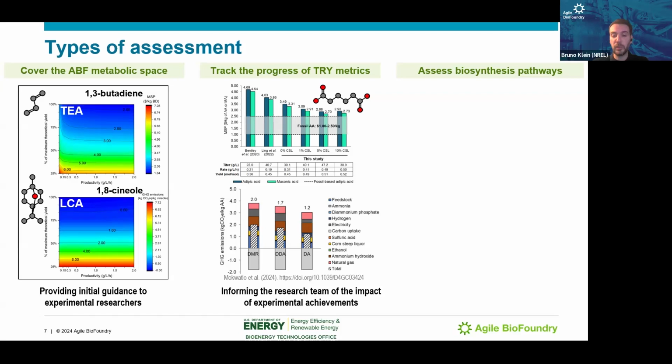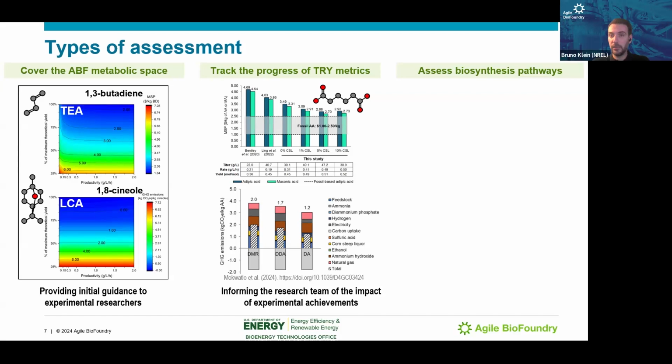So for example, different pretreatment methods for the same feedstock: how does that impact the GHG emissions of the adipic acid being produced in this way? This has already been published in this paper here. We can send it to Angie. Angie can distribute this later on.